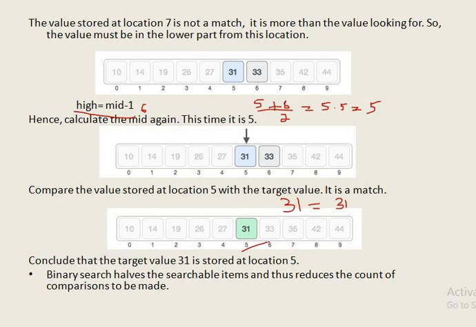All the elements are compared with the element to be searched, but here the number of comparisons is reduced to an extent. Therefore it is known as the fast search algorithm as compared to linear search.